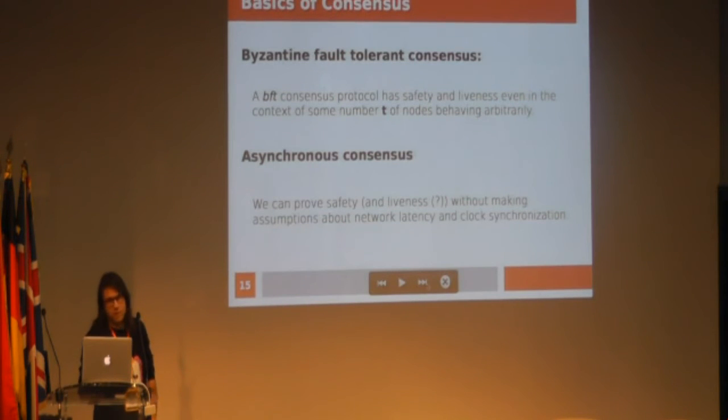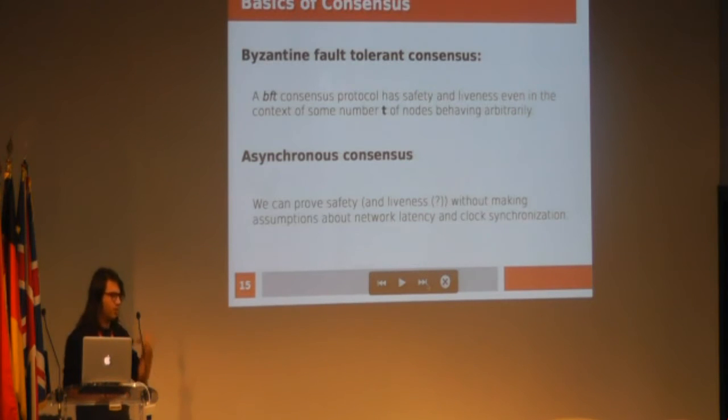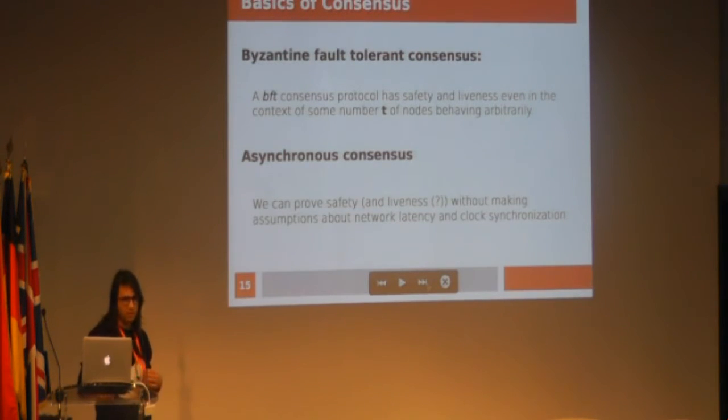And then asynchronous consensus refers to consensus protocols that don't rely on timing assumptions about network latency in order to prove the particular safety and liveness properties we're talking about. I put a question mark beside the liveness because there's a result called FLP impossibility that says that in an asynchronous network where you have faults, it's impossible to be both live and safe.